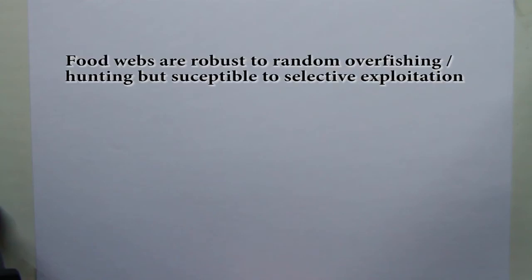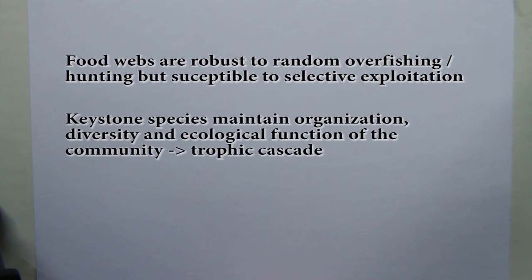Okay, let's conclude what we have learned so far. Food webs are relatively robust to random overfishing because many species are redundant in their function, but they are susceptible to selective exploitation of so-called keystone species. Keystone species fulfill important roles in the regulation of the community and maintain the organization, diversity, and the ecological function in an ecosystem.